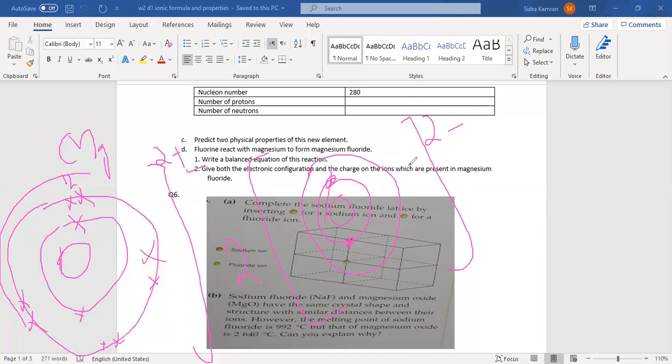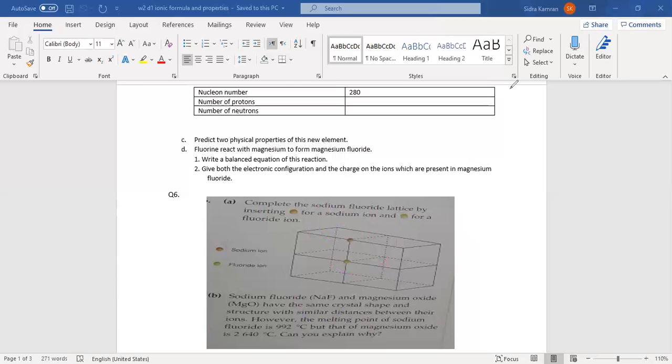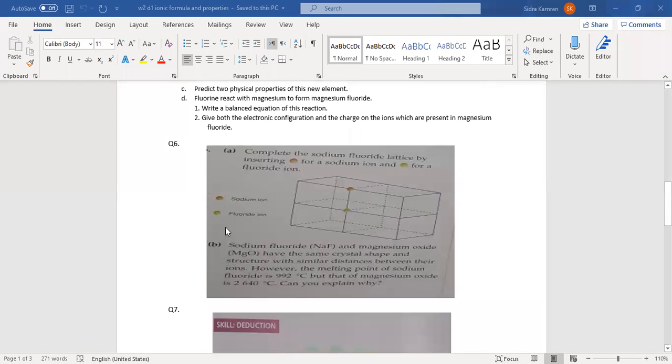In this way it becomes 2 minus. So the first shell has 2 electrons and the second shell now has 8 electrons. So in this way the magnesium fluoride ionic compound is formed.